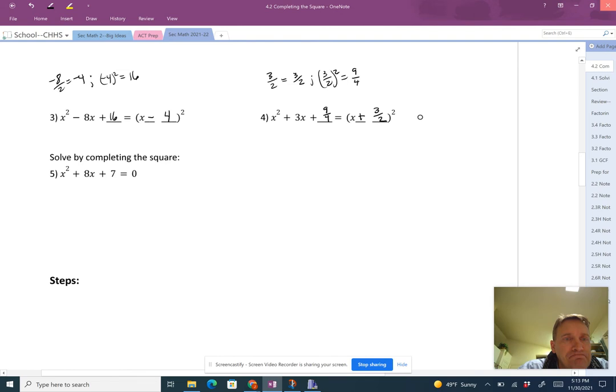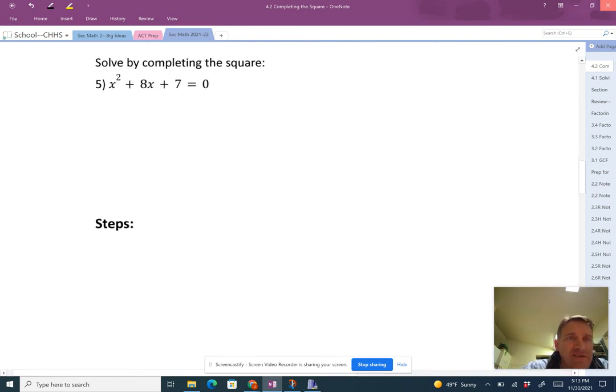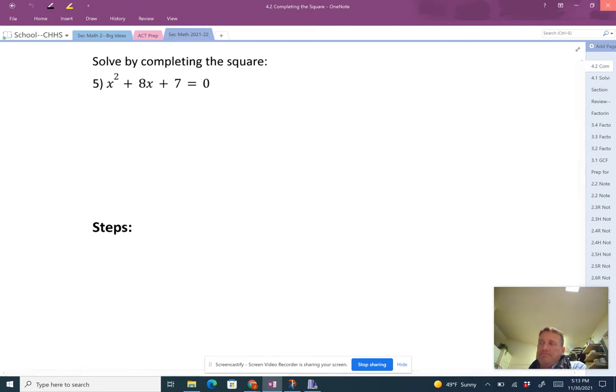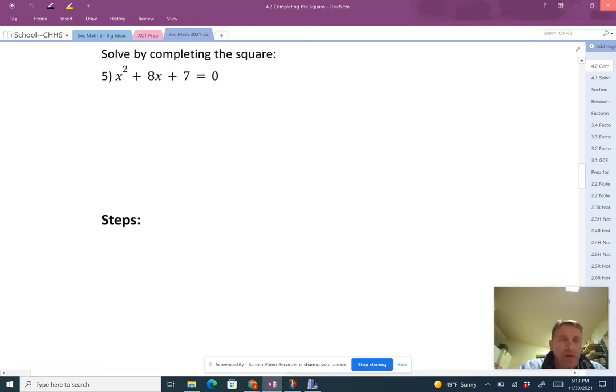All right, if you flip your page over, you'll see at number 5, it says solve by completing the square. I'm actually going to do this step by step and show you how this looks. So number 5, step 1.